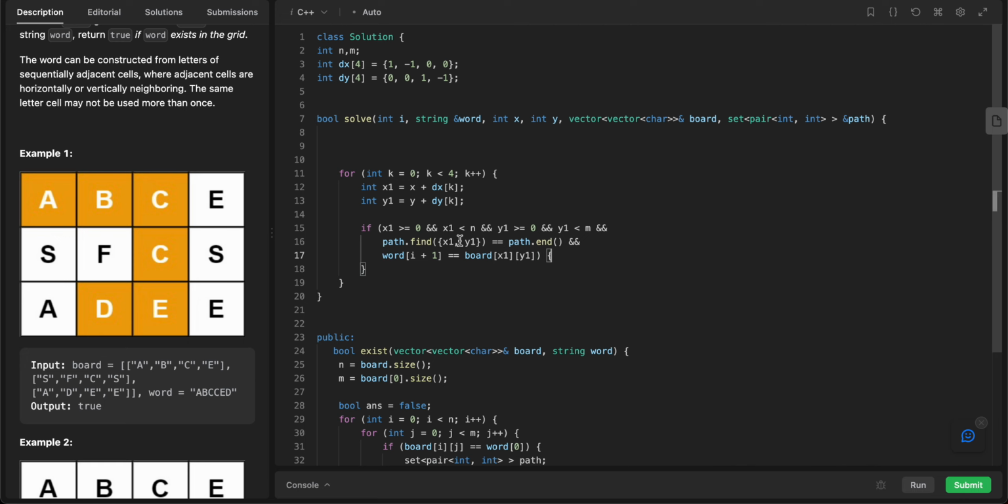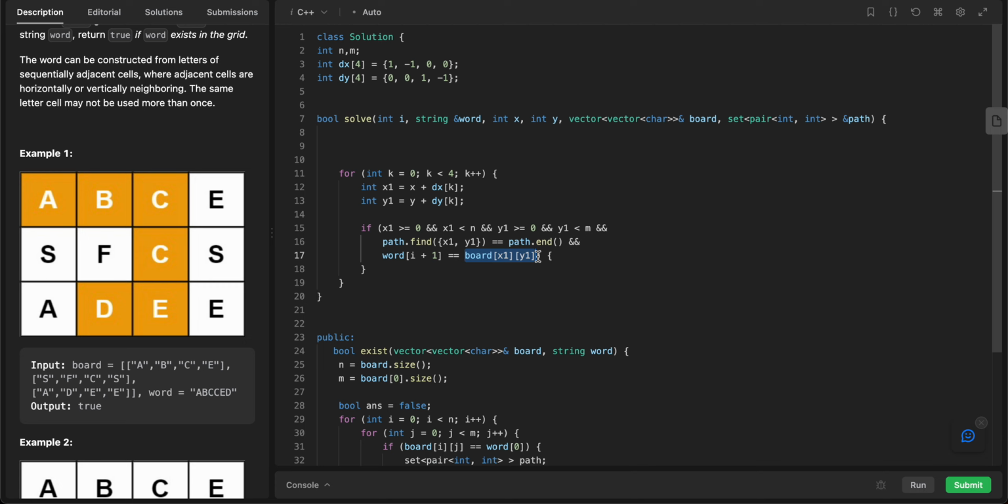Okay, these conditions: x1 is inside my grid, and this does not exist in the path, and the character I am going to, word of i plus 1, is equal to board of x1 y1. The character I am going to, i plus 1, is equal to this.